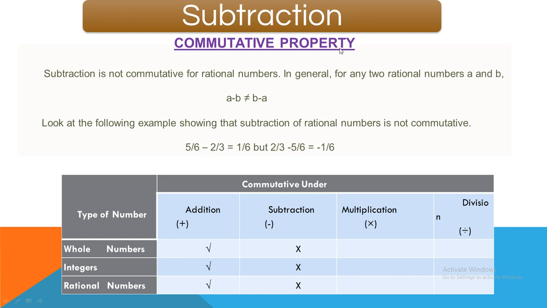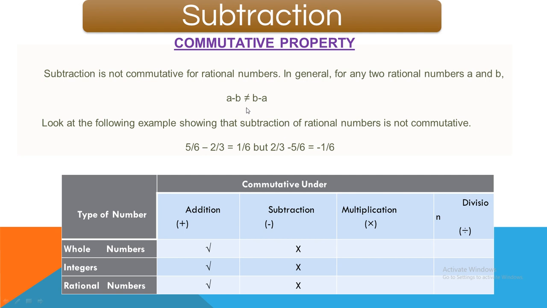Next is commutative property. Subtraction is not commutative for rational numbers. For this, how will we understand? We will take one example also. It means if we have two rational numbers a and b, if we change the order of subtraction, first we subtract b from a, and on the other side we subtract a from b, will the results be equal?